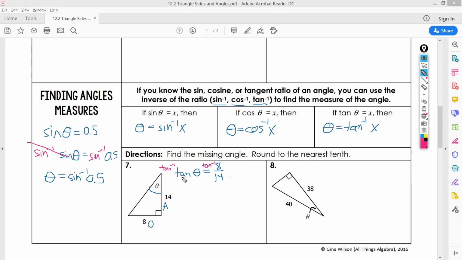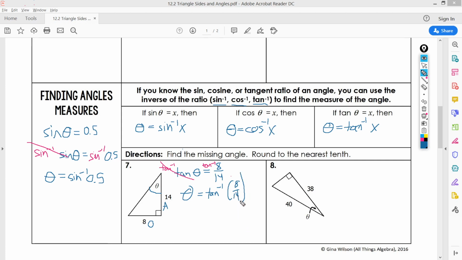And inverse tangent and tangent cancel. So I just have theta equals inverse tangent of 8/14. Okay?